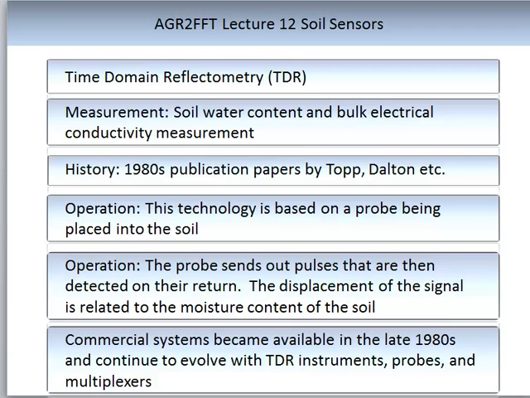The operation of this technology is based on placing a TDR probe into the soil. The probe sends out pulses that are then detected on their return. The displacement of the signal is related to the moisture content of the soil. Commercial systems became available in the late 1980s and continue to evolve with TDR instruments, probes and multiplexers.